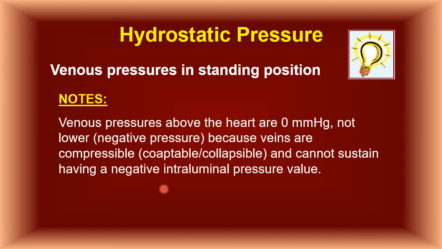Once there is a pressure below 0, the walls of the veins collapse together, so they will not allow a negative pressure to happen. Again, veins are collapsible or coaptable, and cannot stand having a negative intraluminal pressure value. So the pressure of the veins above the heart is usually 0. We don't go by negative.